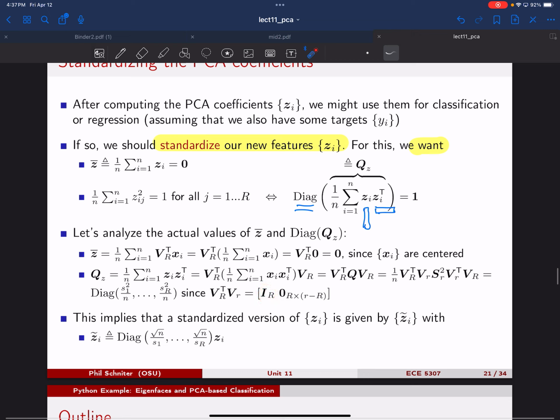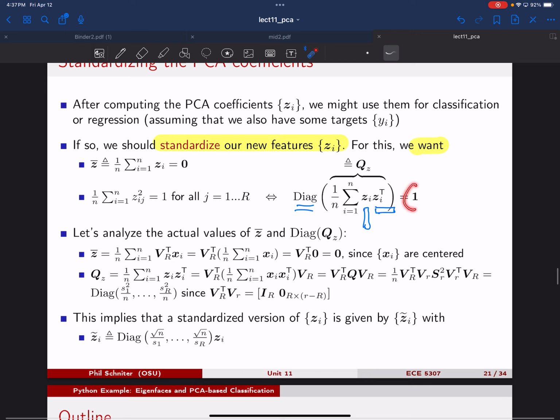What the effect of this is, is just to select the upper left quadrant of this matrix, in fact the r by r upper left quadrant. And that is just a diagonal matrix where you have these s_i squared over n. Okay, so that is what Q_Z is.